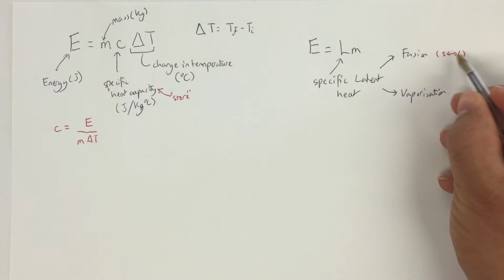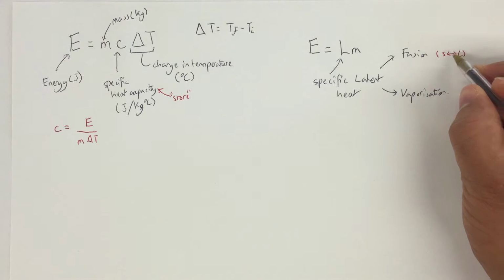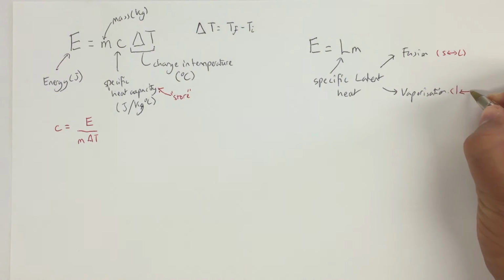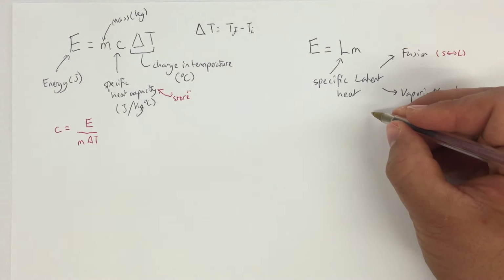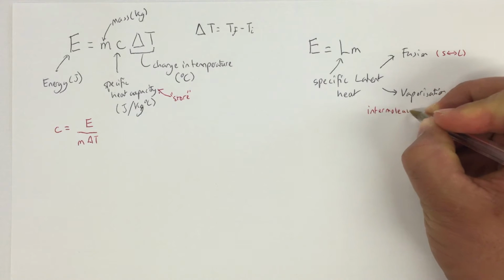Now if it's going from a solid to a liquid, which is melting, then bonds are being broken, and if it's going from a liquid to a solid, bonds are being made, and it's the same for a liquid to a gas, and the bonds that are being broken when this occurs are intermolecular bonds.